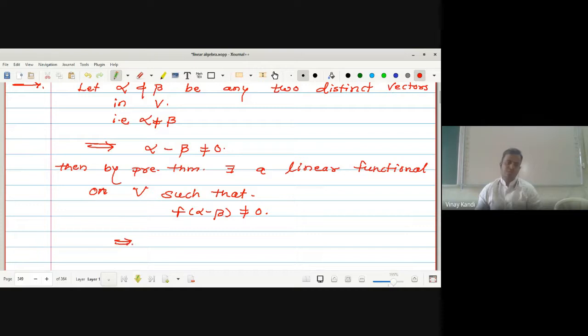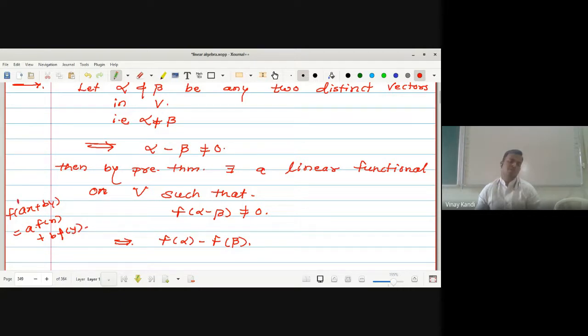So f of ax plus by, what we have if f is linear? a into f x plus b into f y.